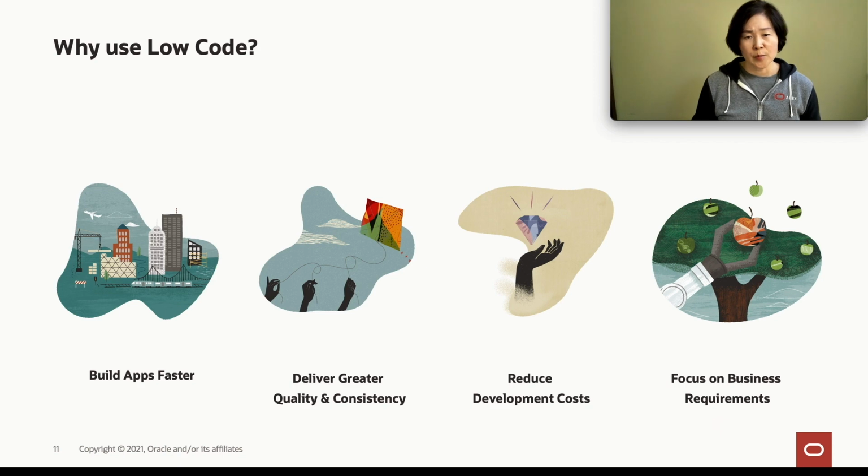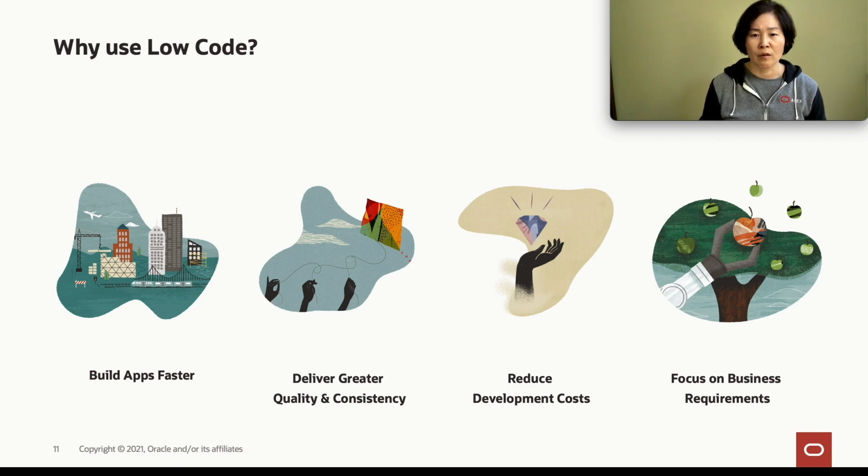The answer is because the benefits are enormous. You can build applications faster. You can deliver applications with greater quality and consistency. These benefits allow you to reduce development cost. And finally, you can focus on your business problems rather than spending time on coding.